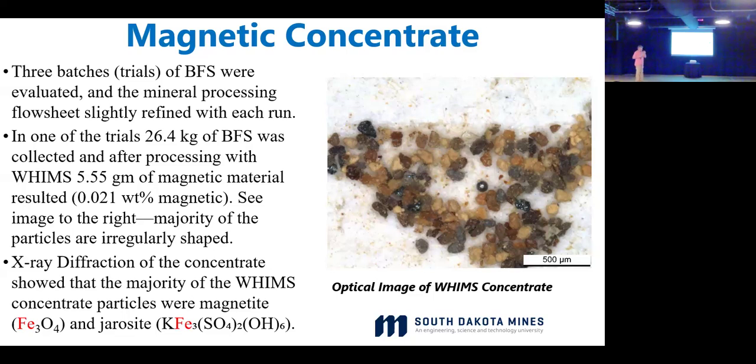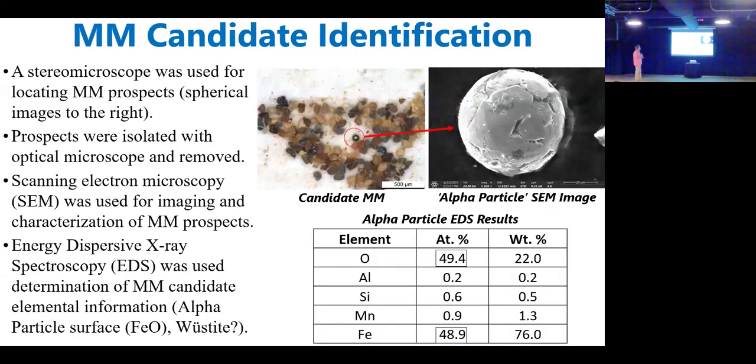So Austin got very good at identifying and removing very carefully the particles that he thought might be spherical and might be micrometeorites. The majority of the magnetic portion in these samples were either magnetite, iron oxide, or jarosite. The orangish colored ones tended to be jarosite. But nonetheless, we had a lot of fun looking for micrometeorites.